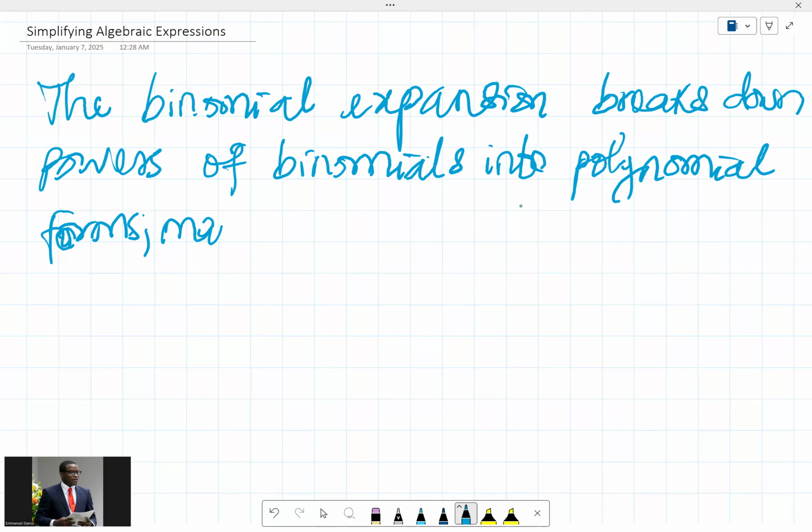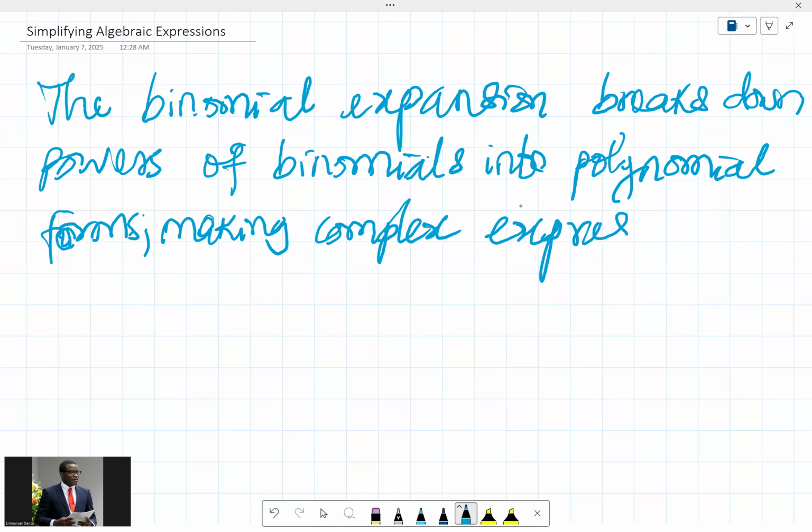So by doing that, it makes complex expressions manageable.